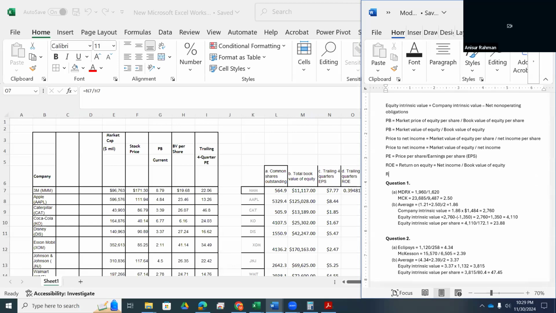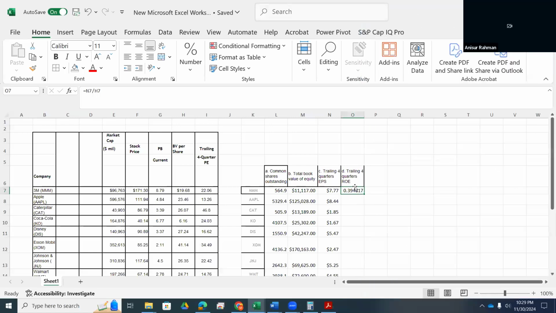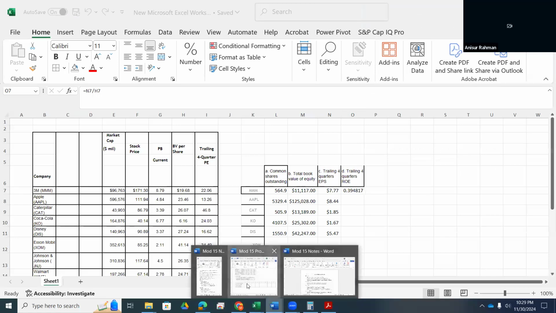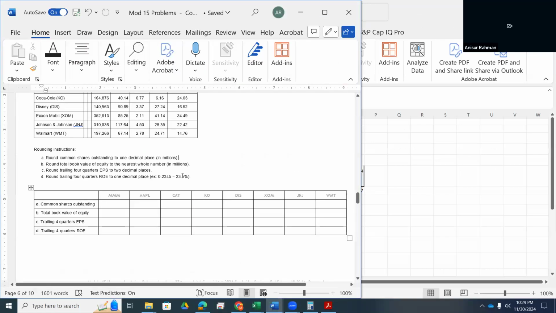But if you do not know the total, per share figures, then you can take EPS, earnings per share, divided by book value of equity per share, which we just did. And what we have to do, we have to express it in percent.